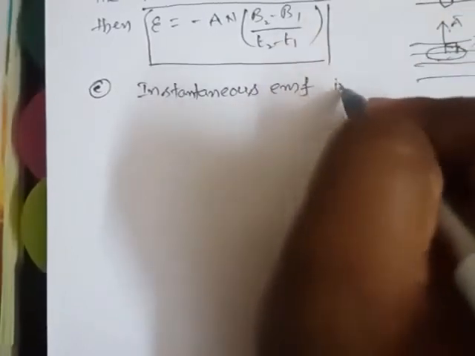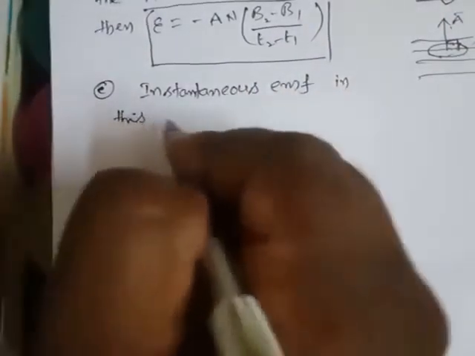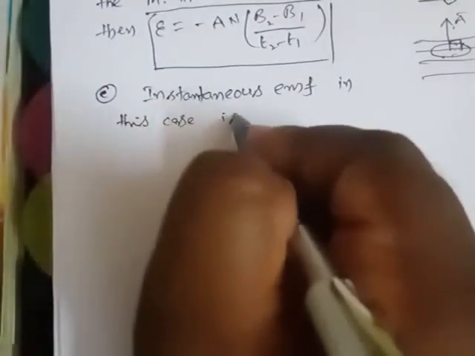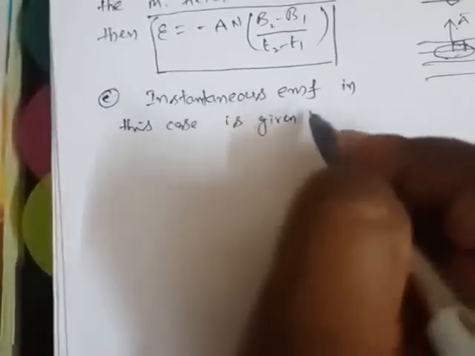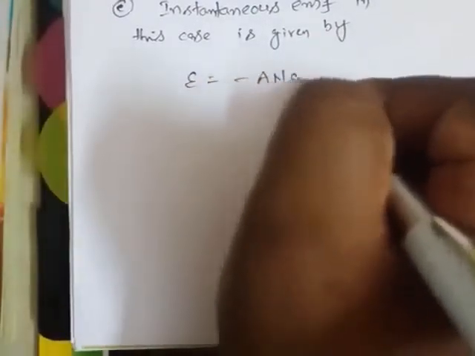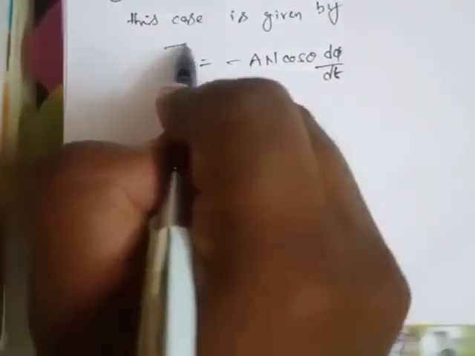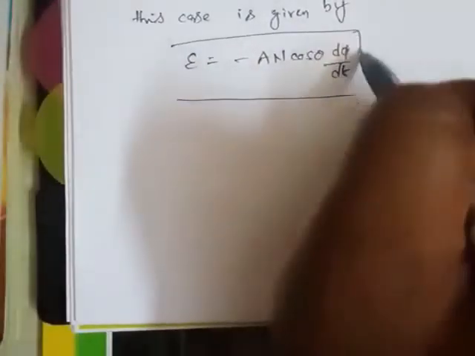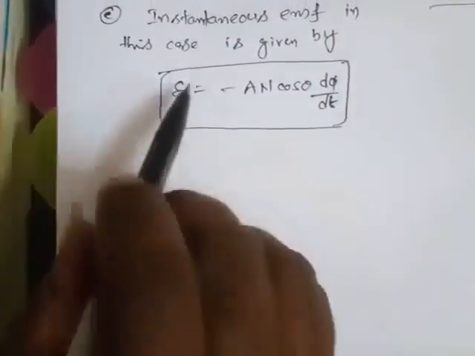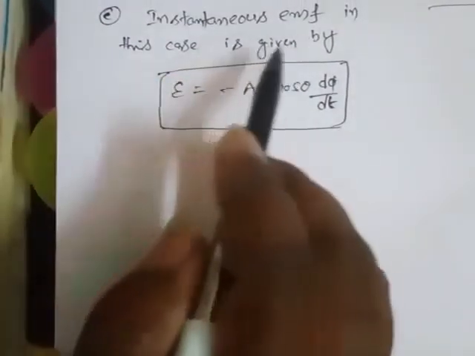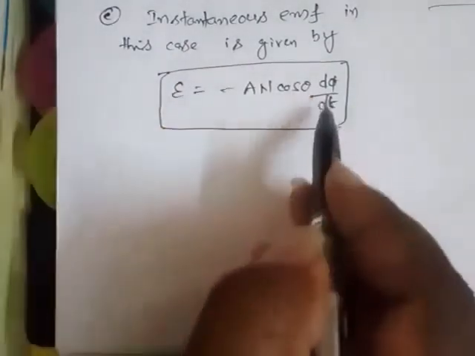The instantaneous EMF in this case is given by E is equal to minus AN cos theta d phi by dt, where d phi by dt is the instantaneous change in flux. This is the expression we use to calculate the instantaneous EMF.